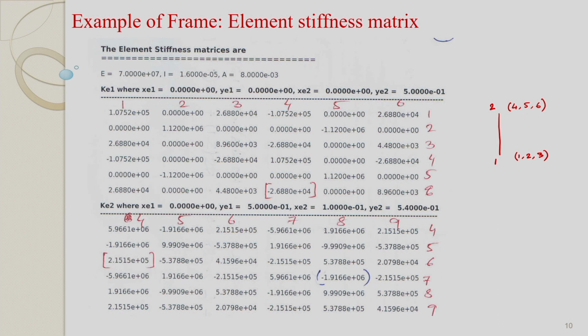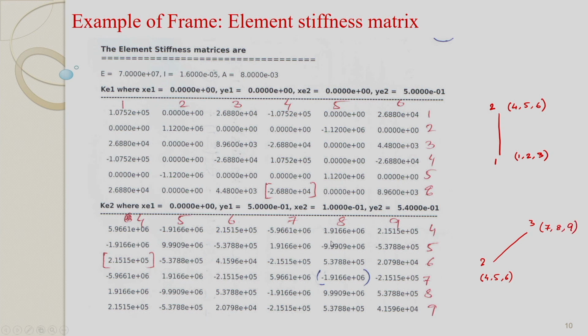So, we assign those global degree of freedom numbers over the element stiffness matrix. Similarly, for second element having node 2 and node 3, the degrees of freedom will be 4, 5, 6 and 7, 8, 9.